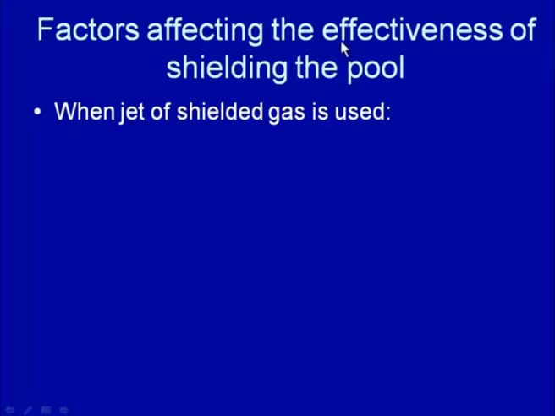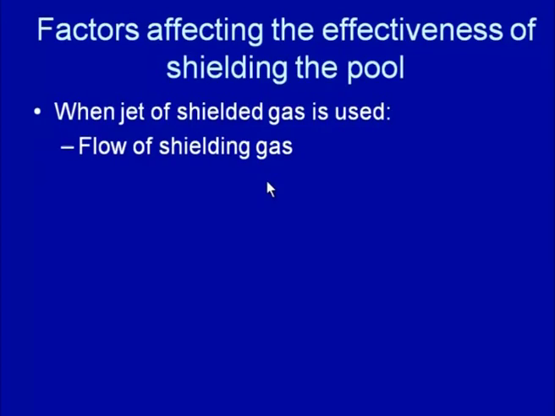Another factor affecting the effectiveness of shielding, in case when a jet is used, is the flow rate of the shielding gases, higher or lower. A high flow rate is desired to have effective shielding all around the arc.